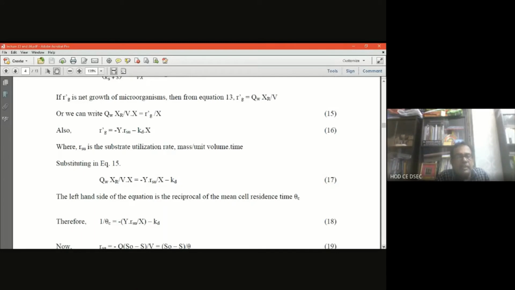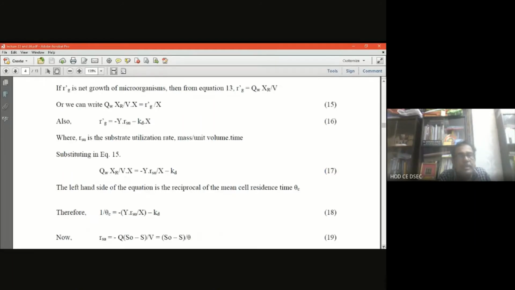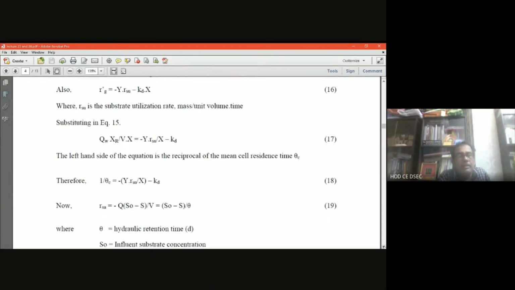So here it is the inverse of theta c, so 1 by theta c on the left hand side, and converting the equation we will get Rsu, the substrate utilization rate, equal to minus Q (S0 minus S) by V equal to (S0 minus S) by theta, which is a very fundamental equation, because V by Q is theta, the hydraulic detention time, volume divided by flow.